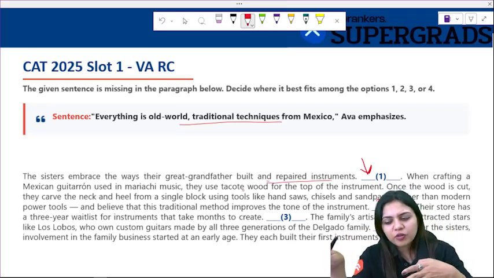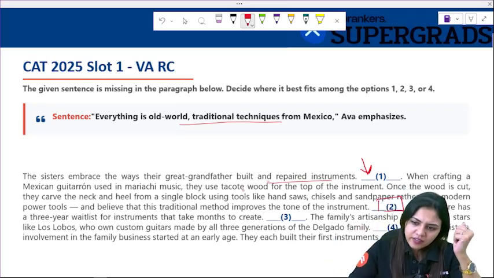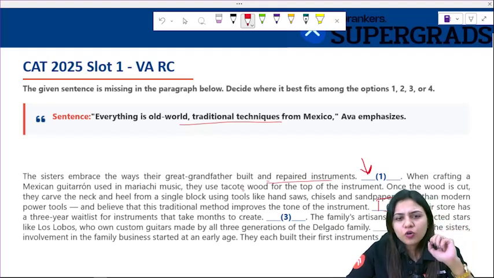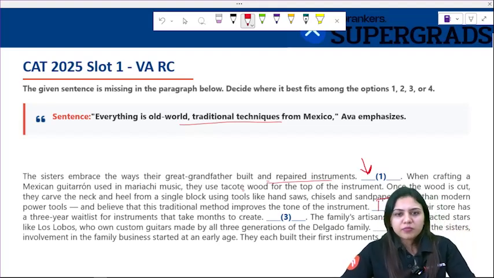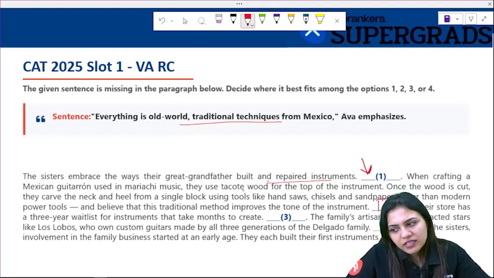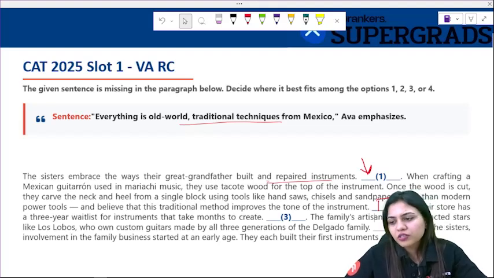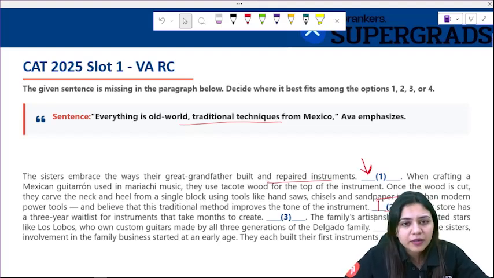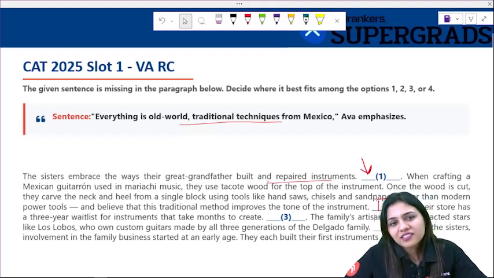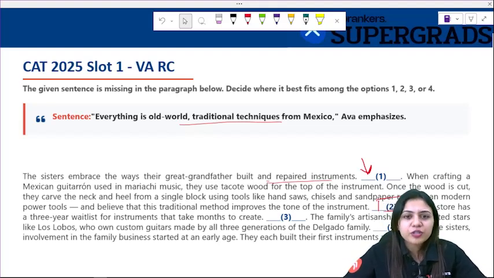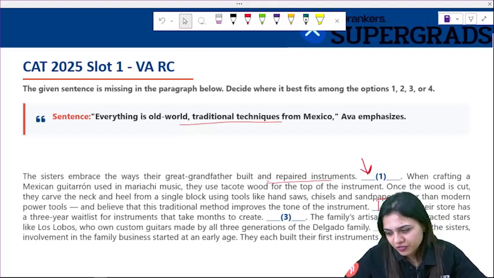Suddenly if I add this, it will not go in sync with that, and it feels like a random jump, and that's why even 3 is eliminated. If we talk about the fourth, we talk about famous clients, we talk about the recognition that the Delgado family has received. Again, this is end-of-the-paragraph kind of material, not something you introduce right after tradition. So that's why this also is eliminated.